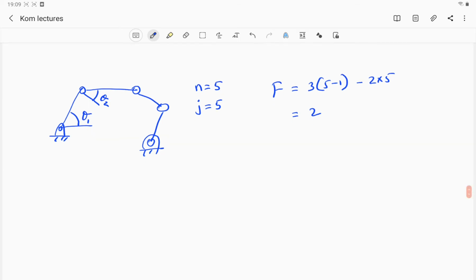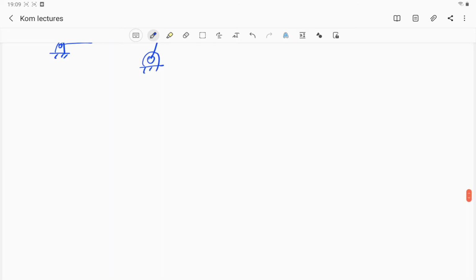Okay, now sometimes we will have, but before that I want to introduce a criterion which is known as Groupless Criterion. So what is Groupless Criterion?